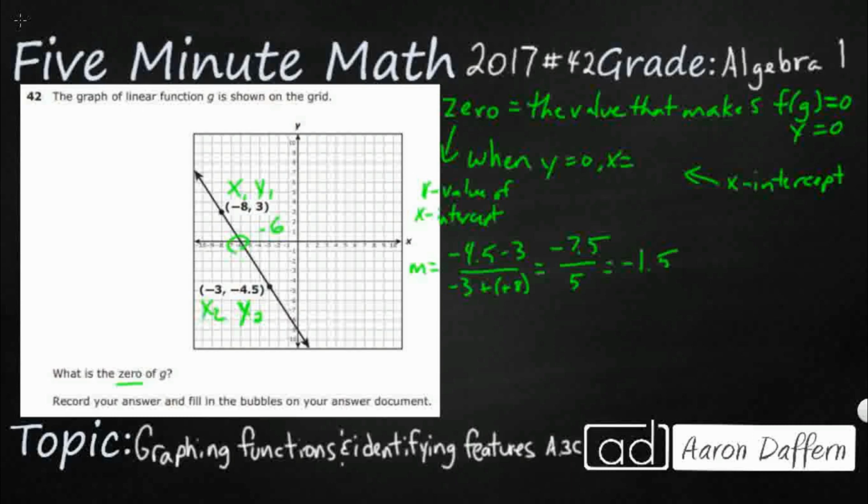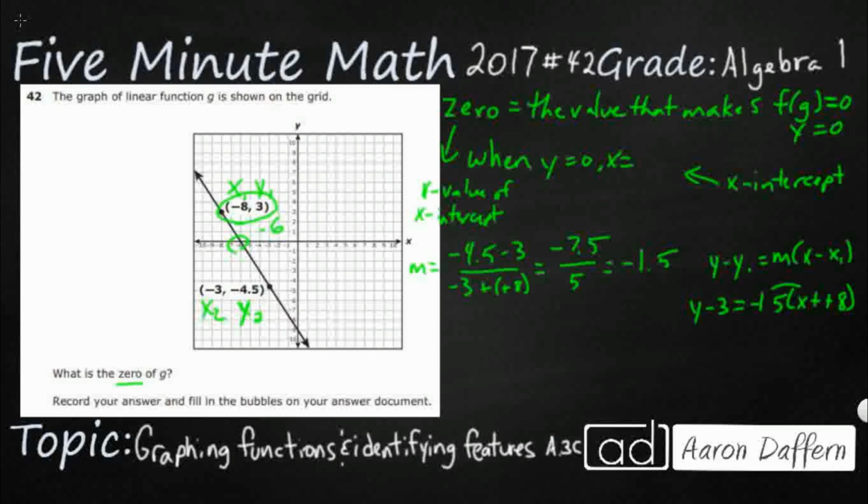Now I'm going to get into my point-slope form. Remember this: y minus y1 equals m times x minus x1. Let's just pick one of the points, it doesn't matter which one. Let's pick that right there. So we're going to say y minus 3 equals -1.5 times x minus -8 again, so that's going to end up being a plus.